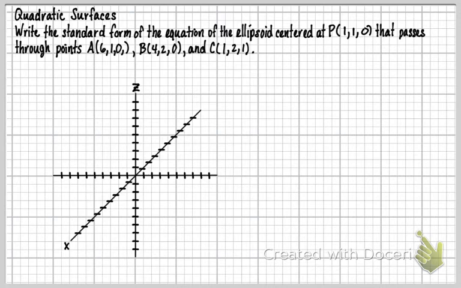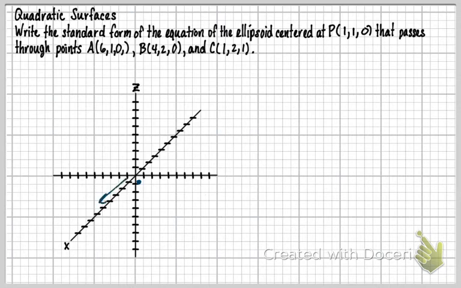So I'm just going to plot these. 1, 1, 0. So that's going to be right here. It's just coming off of those two here. There's 1, and there's 0. So it's right on the xy plane. And the next point is going to be 6, 1, 0. So that's also on the xy plane. So 1, 2, 3, 4, 5, 6.